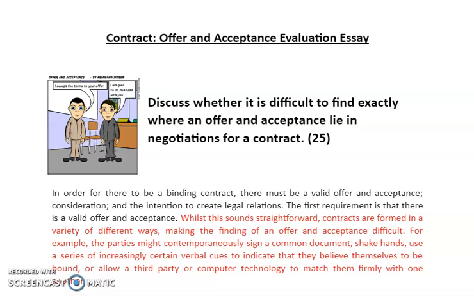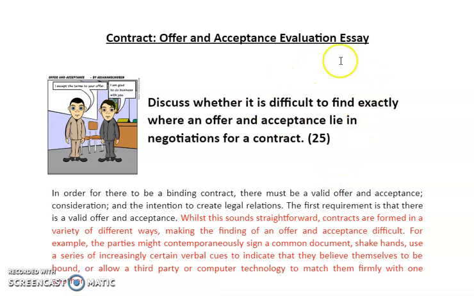Whilst to the layperson, they probably think it's easy to see whether there's been an offer and acceptance if they've not studied law, when you're a law student and you've looked at this area, you'll know that there is a huge number of cases that you need to look at, and lots of different rules to help you decide whether an offer's been made or not, depending on whether it was said verbally or written, and whether it's being accepted, and all the different rules to do with acceptance by post or whether the acceptance was delayed, etc. So there's a huge amount of law in this area.